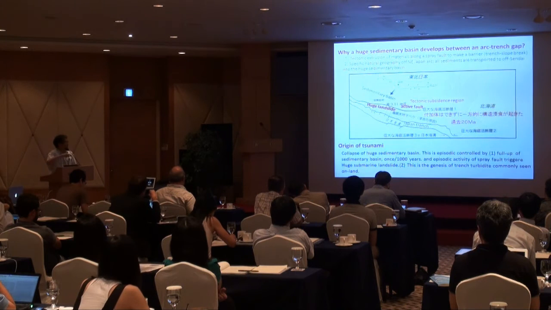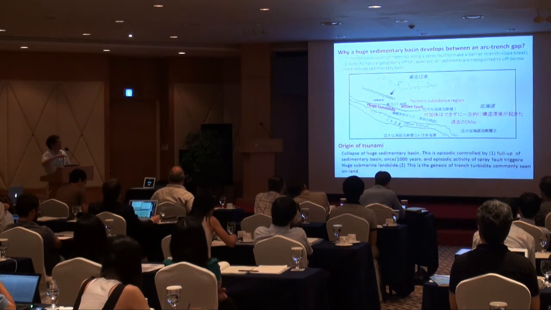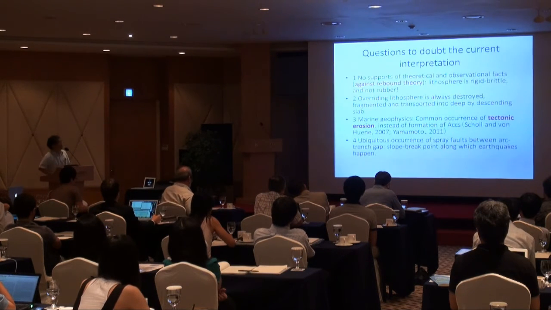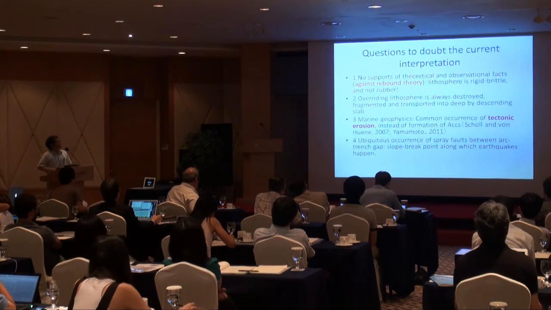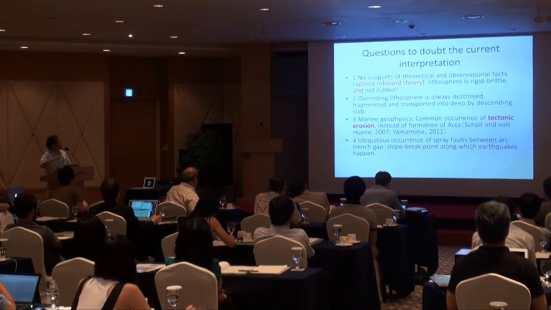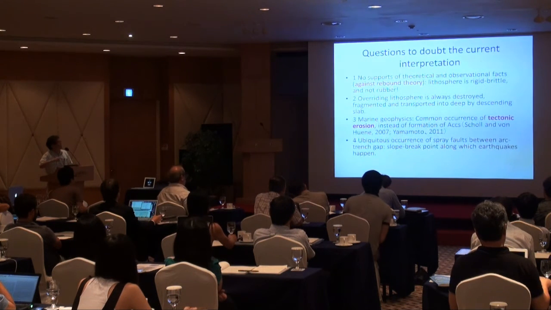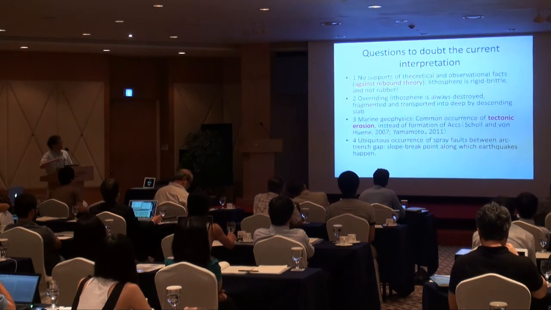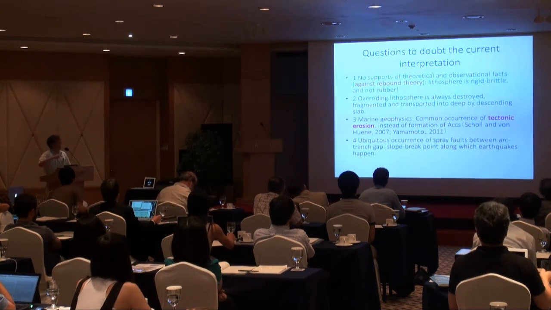This is the genesis, for field geologists, of trench turbidites, commonly seen on land in Japan, much older, Paleozoic and Mesozoic. So the question is to doubt the current interpretation. There is no support from theoretical and observational facts for the rebound theory. The lithosphere is rigid, brittle, and often destroyed, not rubber.